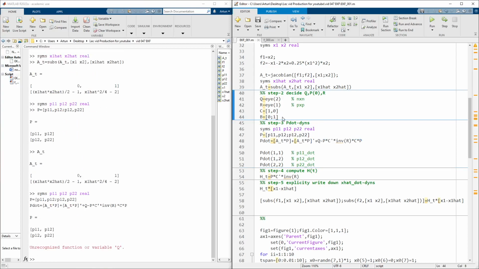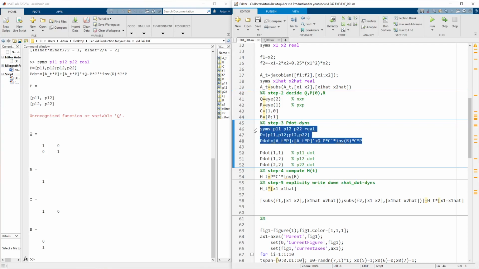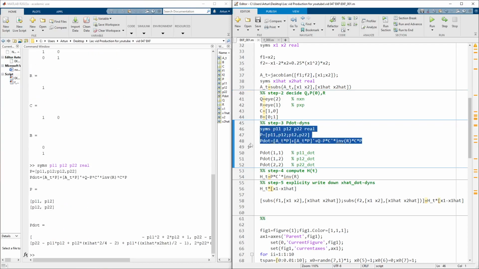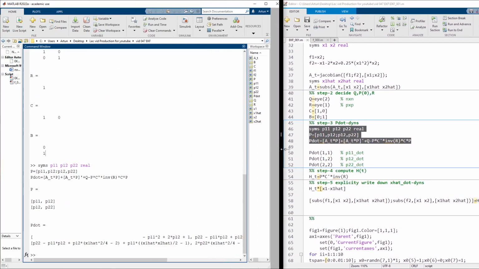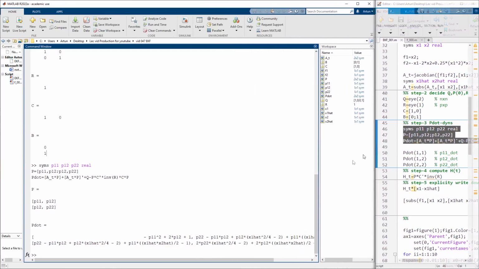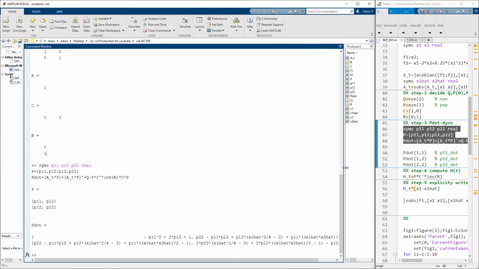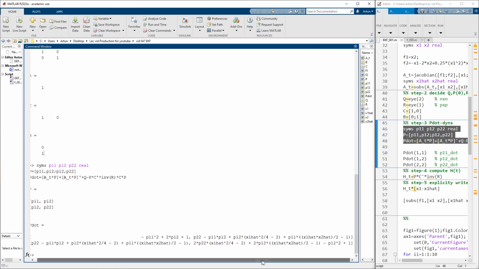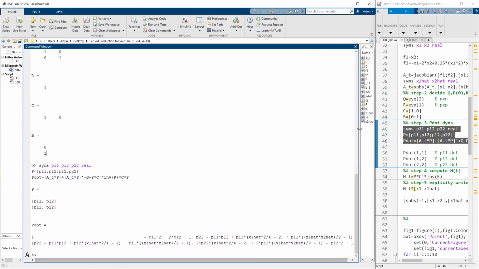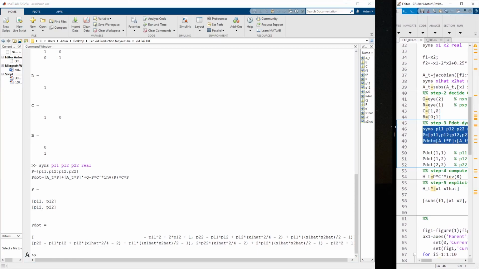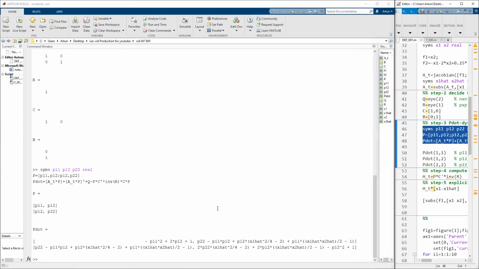Yeah, I forgot to run this section. Let's run it. Okay, wow, what a mess this is, right? It's almost there. Wait a sec, I'm determined to show you this. Okay, all right, P dots.